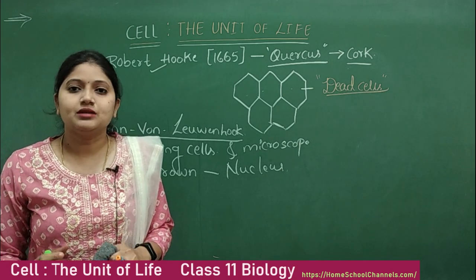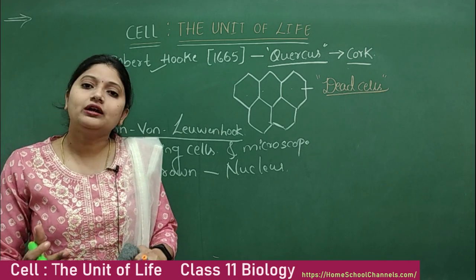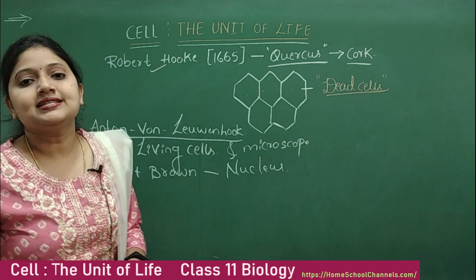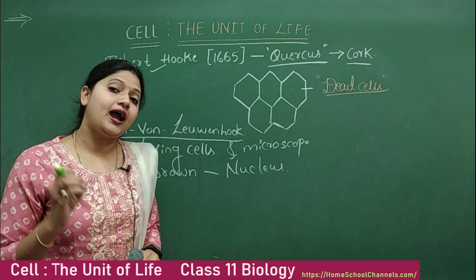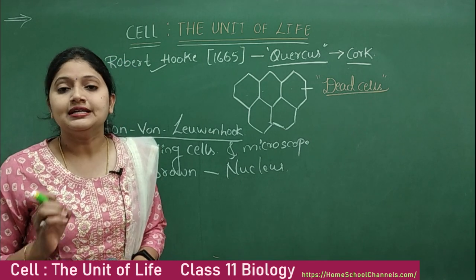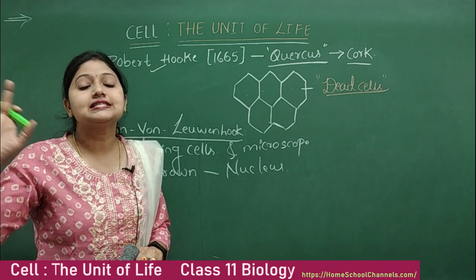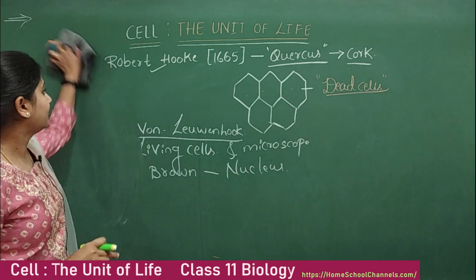Rather than calling it the cell theory, people very famously call it the Schleiden and Schwann theory. Many scientists, more importantly these two persons, had a detailed study of the cell and they came up with their findings as the cell theory. So now we'll study what exactly the cell theory is.